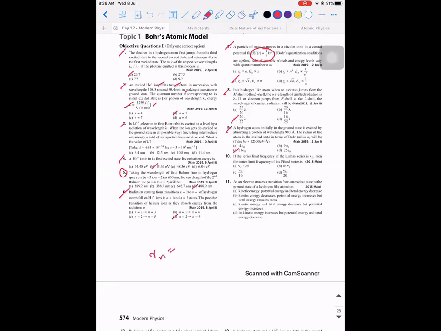So Rn is equal to n square by Z into R naught. What is the value of R naught? R naught is 0.53 angstrom. That is not needed. Initially in the ground state, so n is equal to 1. It has got excited to some state. So n is equal to what, for the wavelength to be 980 angstrom? So hc by lambda will be equal to minus 13.6 into Z square, which is 1, into 1 by n square minus 1 by 1.